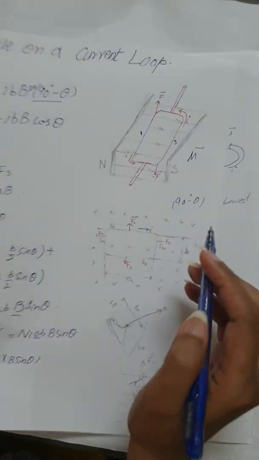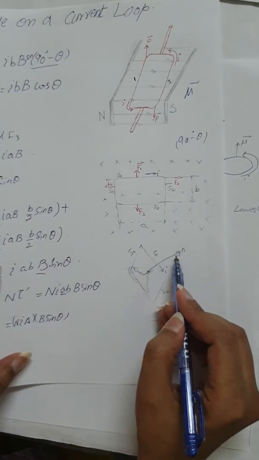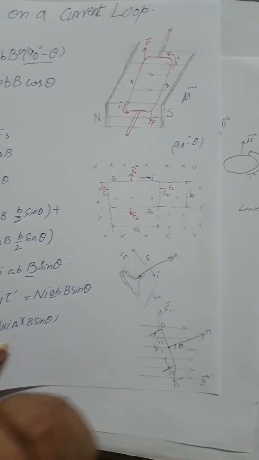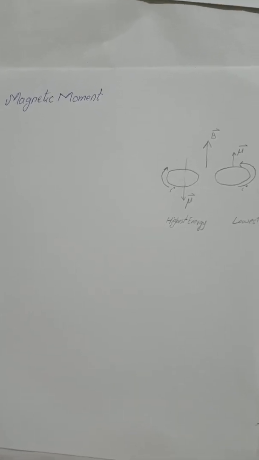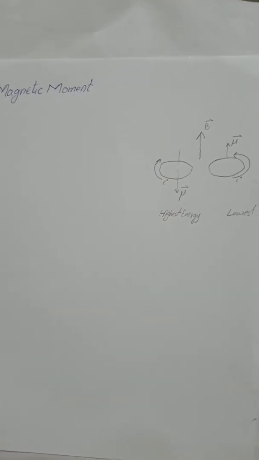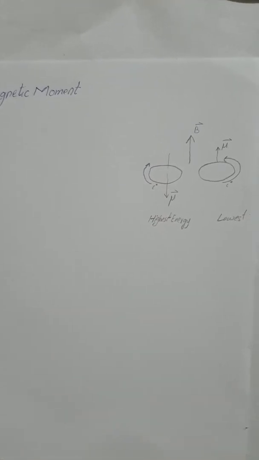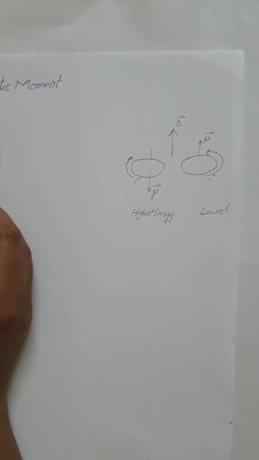The direction of mu is that of the normal vector n to the plane of the coil, and this is given by the same right hand rule. So you grasp the coil with fingers of your right hand in the direction of current I. The outstretched thumb of the hand gives the direction of n, or the direction of the magnetic dipole moment.